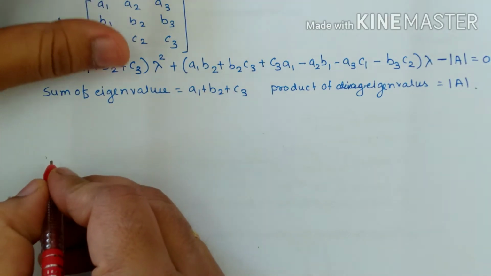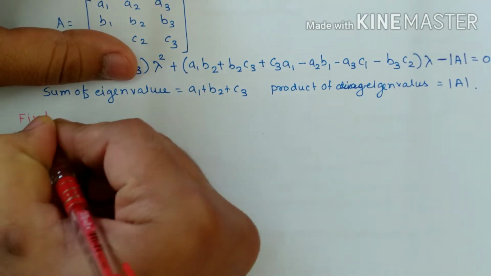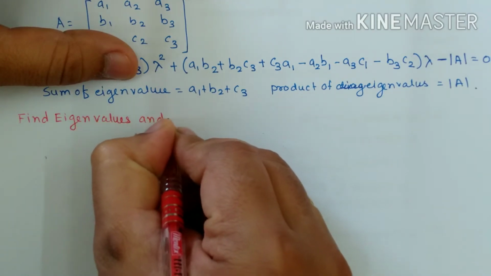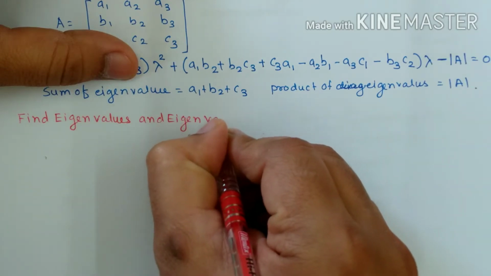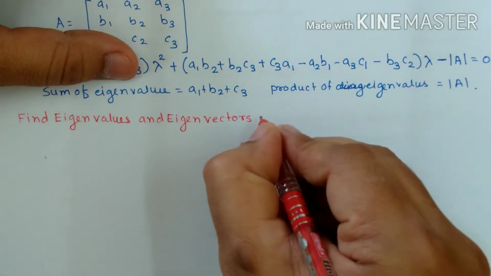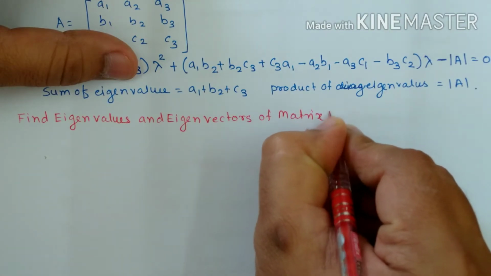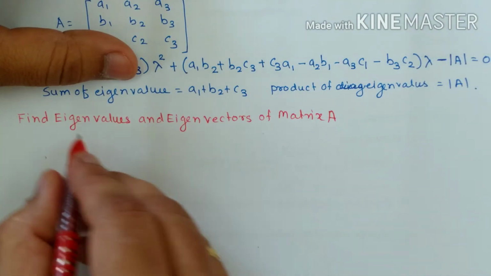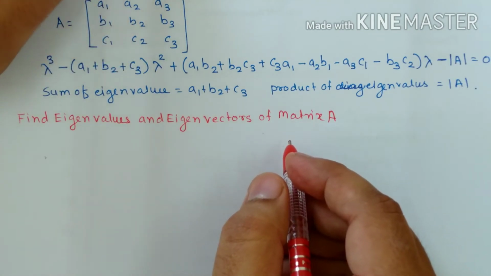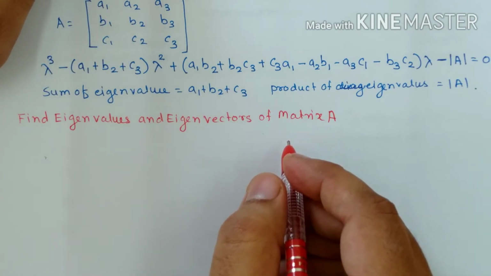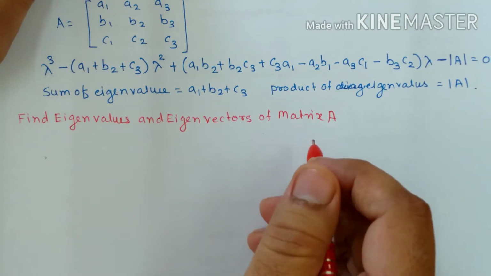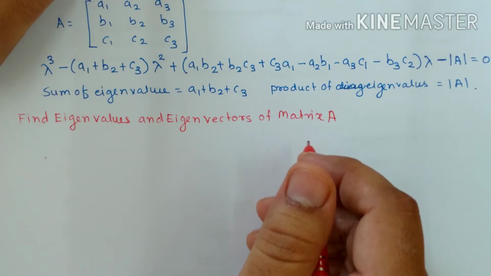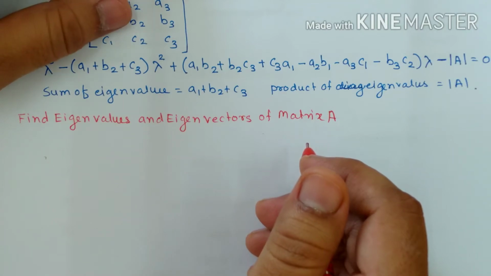Find the eigenvalues and eigenvectors of matrix capital A. Sometimes they may ask you a question: find the characteristic values and characteristic vectors of the matrix A. Sometimes the wording would be like this: find the eigenvalues of matrix A and also find their corresponding eigenvectors.